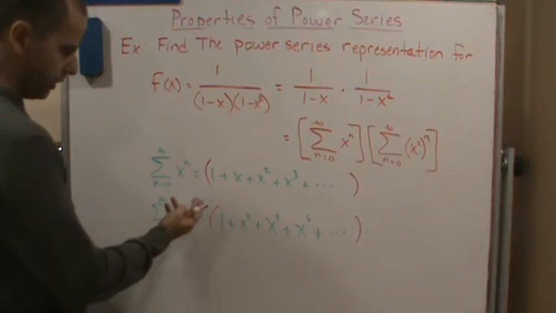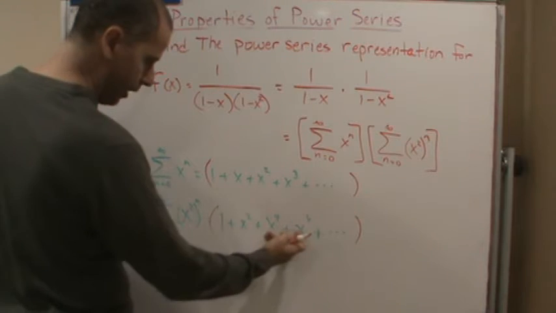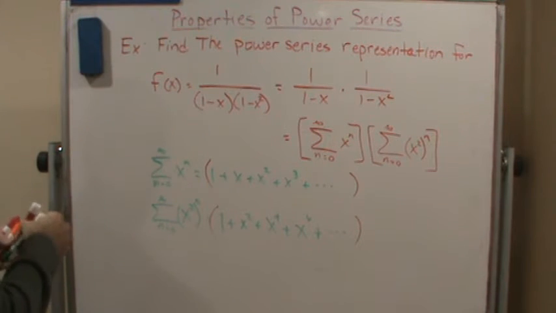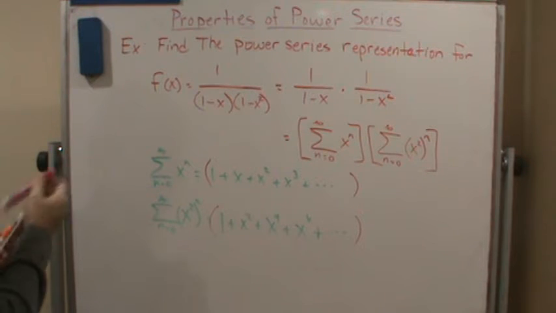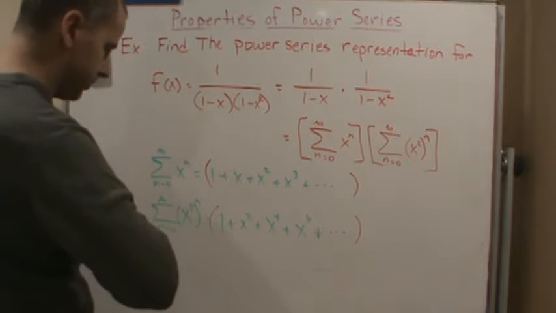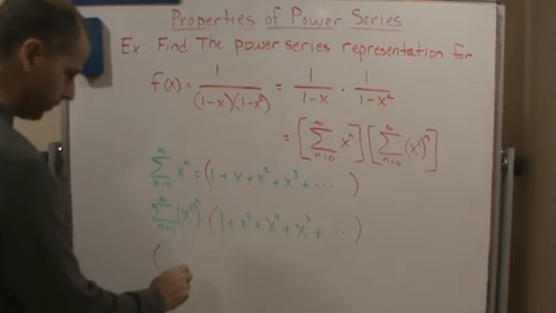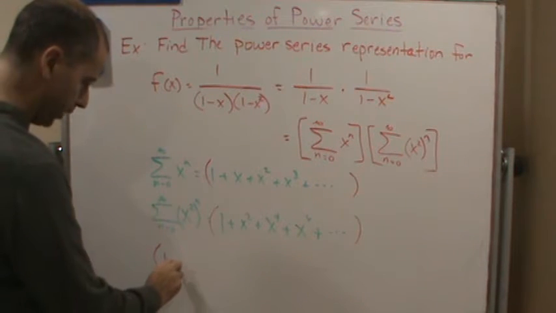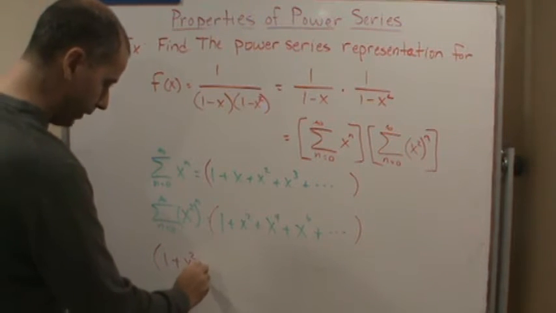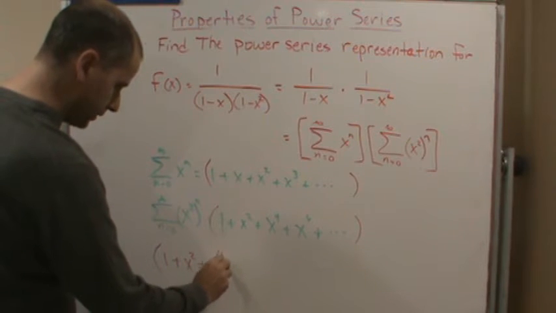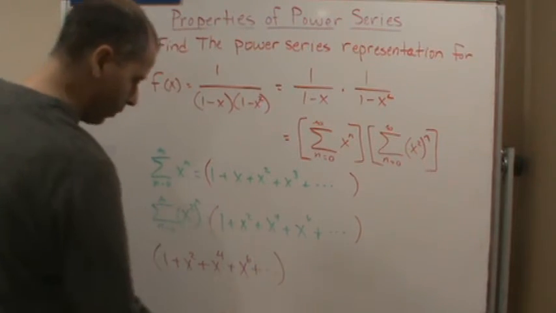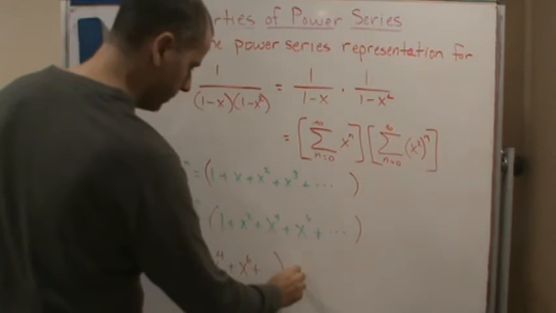So the way we could do it is we could distribute the 1 first across this. So let's write this out just to see what it looks like. The first thing we're going to do is 1 times this whole thing. That's just going to give us 1 plus x squared plus x to the 4th plus x to the 6th, and so on.